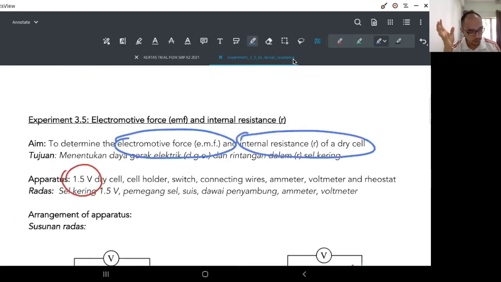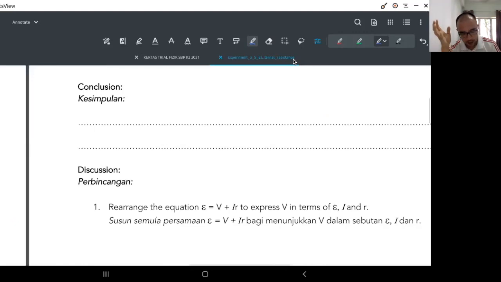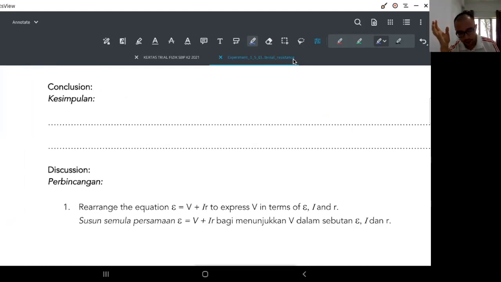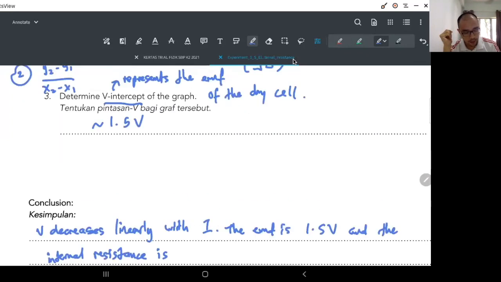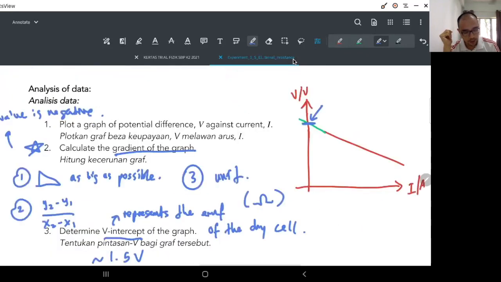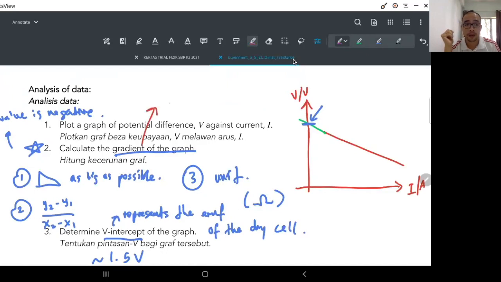The electromotive force, the EMF, is 1.5 volts, and the internal resistance is, the internal resistance actually is represented by the gradient of the graph. So the gradient of the graph actually represents internal resistance.